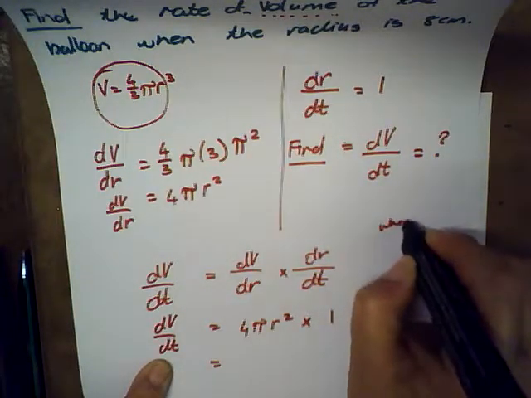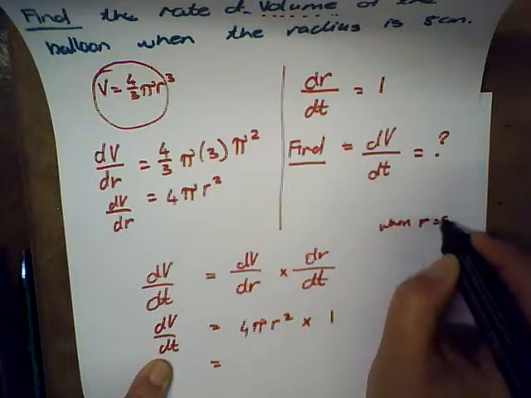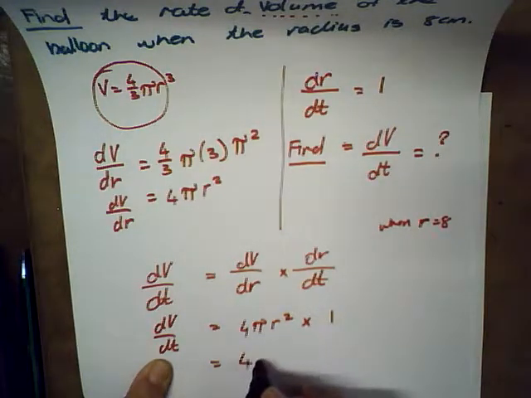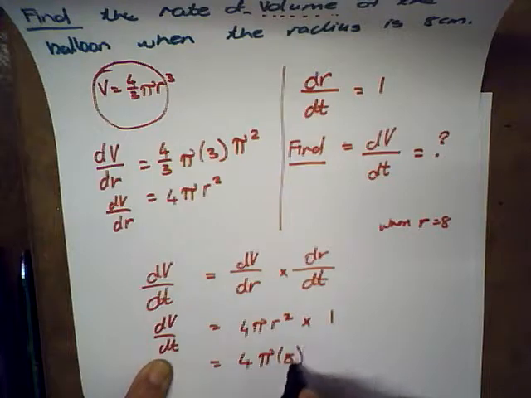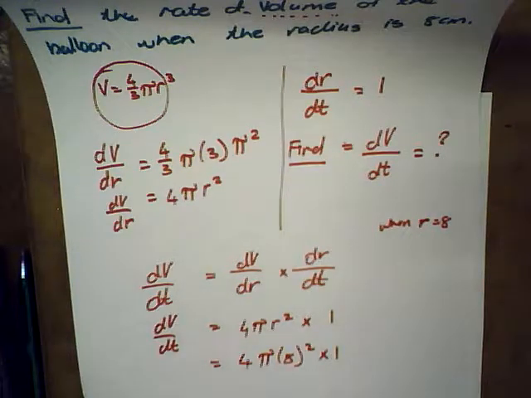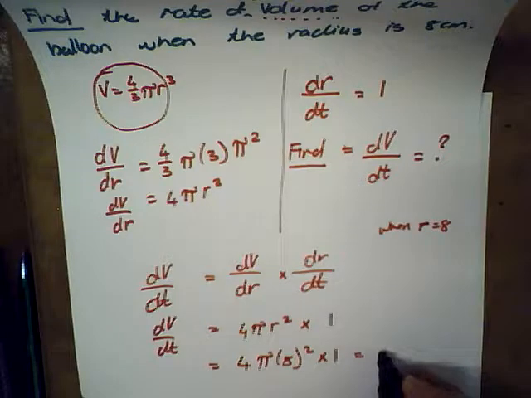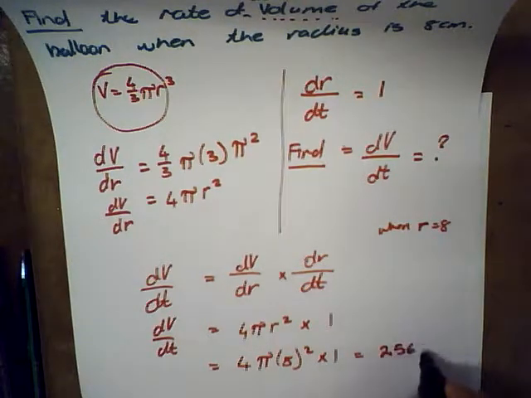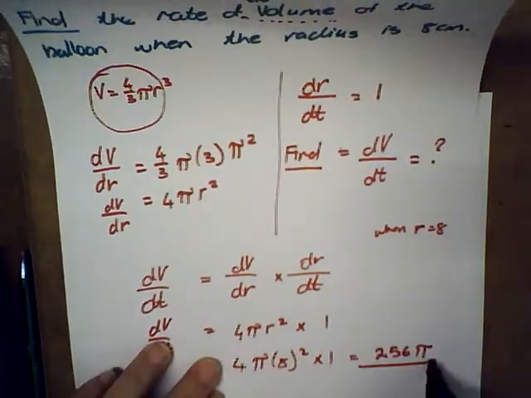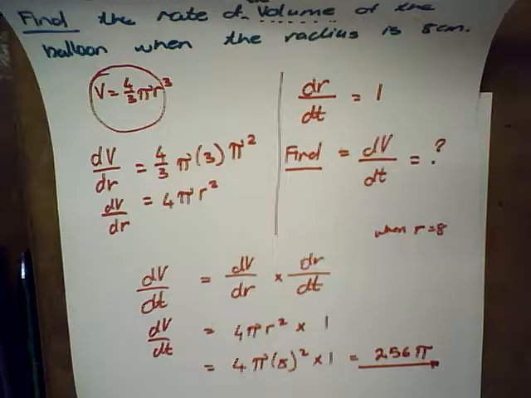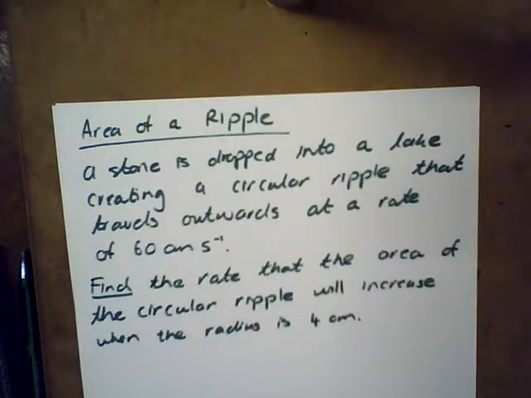When r equals 8, that's 4 pi times 8 squared times 1. And if I type that into my calculator, I get 256 pi, and that is my final answer. Good. Let's continue with the next question.